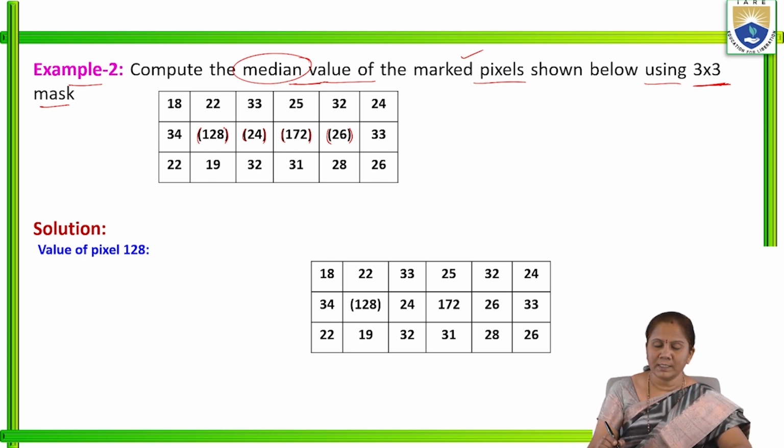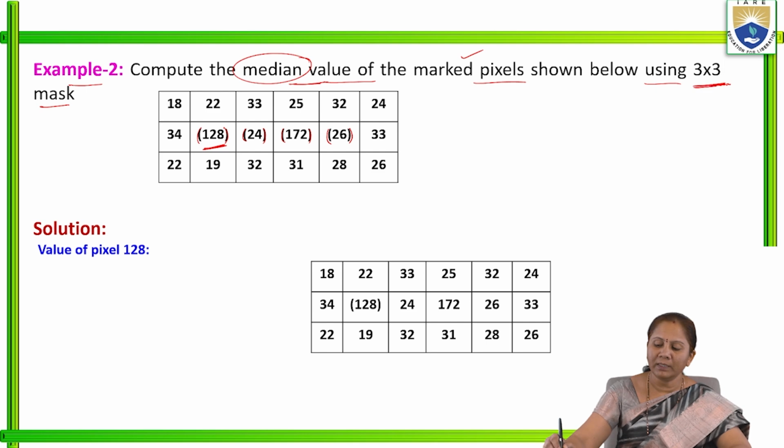First let us solve for the marked pixel 128. The second case we will solve for 24, next 172, similarly 26. First let us consider the marked pixel 128.